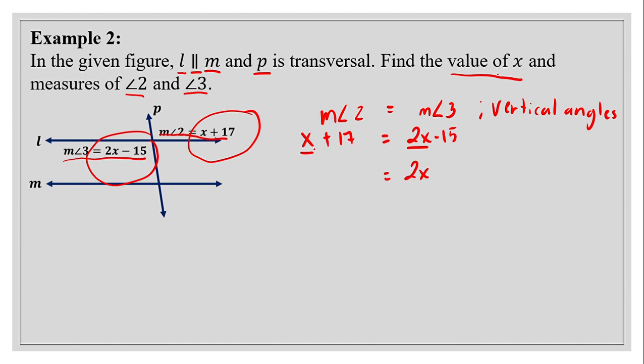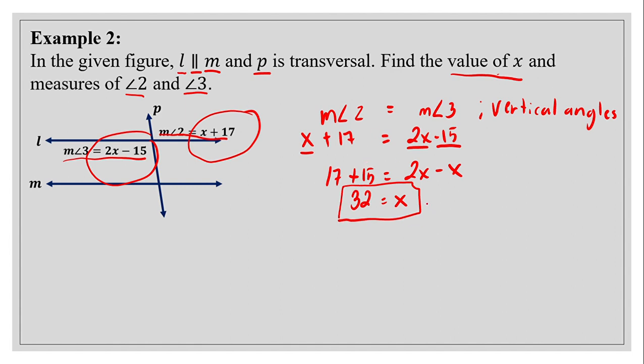From positive x, transposed here, it will become negative x. Now, from negative 15, I will transpose it here, then it will become 17 plus 15, positive 15. So 17 plus 15, that is 32 degrees. So 2x minus x, that is x. So our value of x is 32.